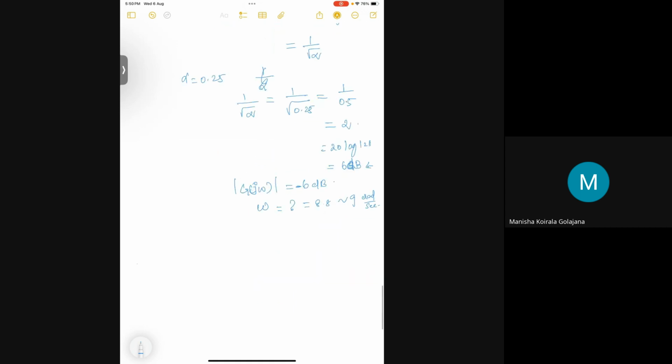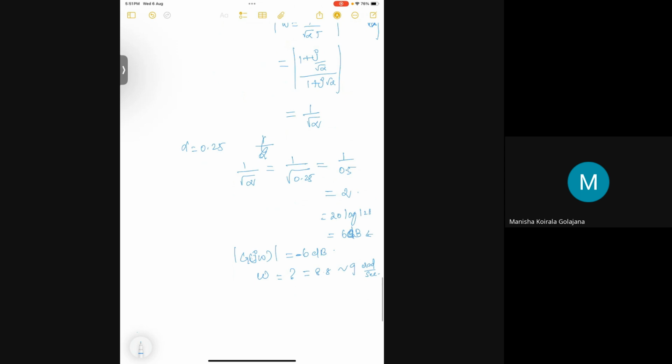So the first step is you are finding alpha. To find T, you have to somehow relate the known values. What are all the known values? Only alpha we know. And with this alpha, how can we find the T value?